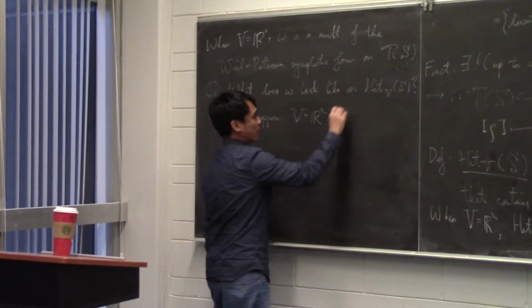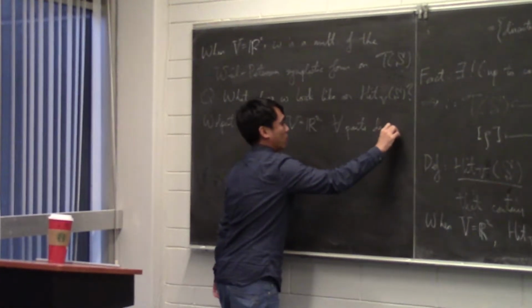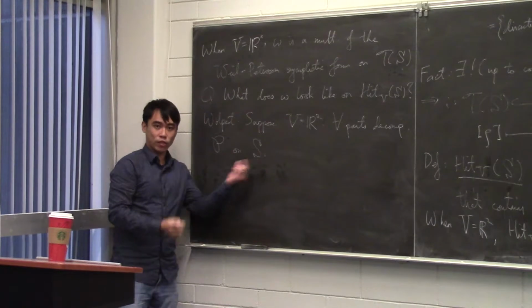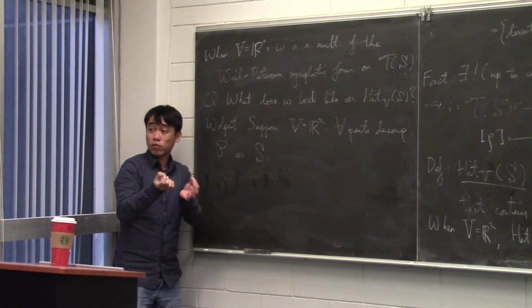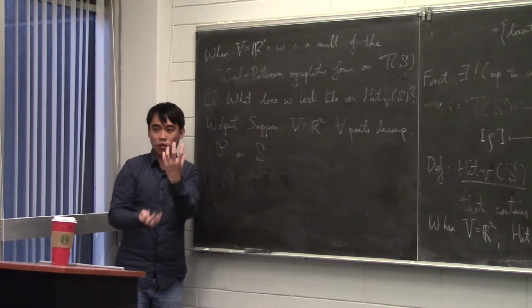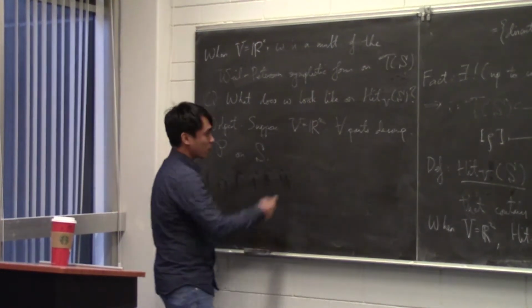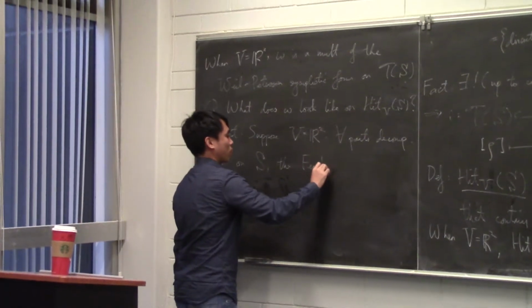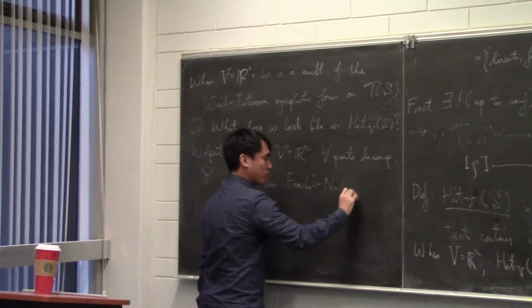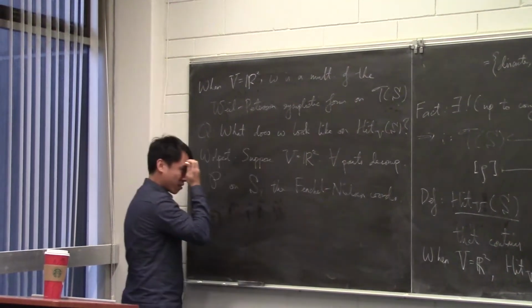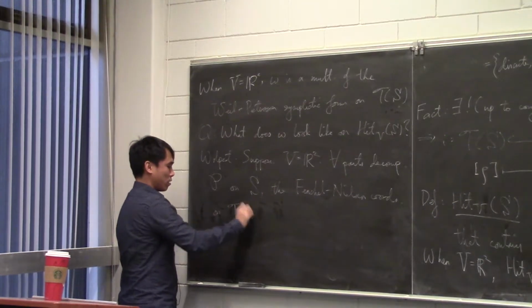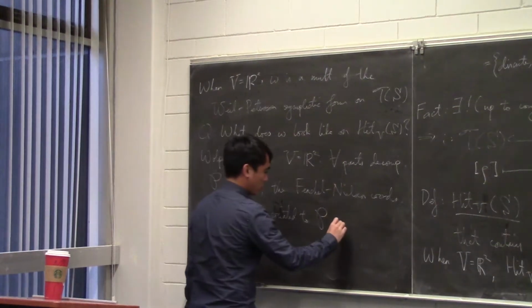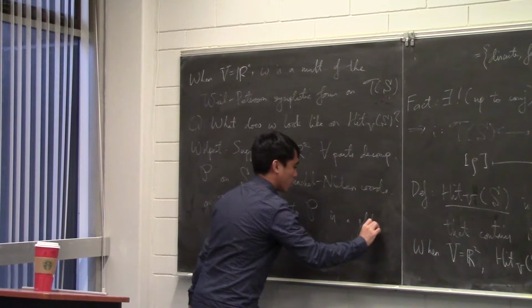Then what Wolpert says is that for any pants decomposition, denoted by curly P, on S, which is a maximal collection of pairwise non-intersecting simple closed curves on the surface, a way to cut your surface into distinct pairs of pants, like thrice-punctured, three-hole spheres, the Fenchel-Nielsen coordinates on Teichmüller space associated to the pants decomposition form a global coordinate system.